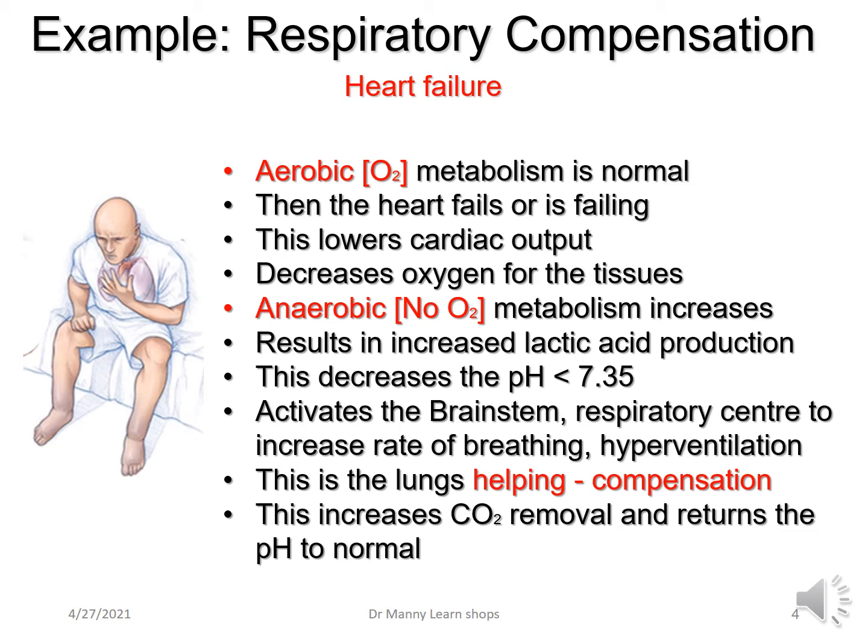So therefore the body comes in to try and support the failing system, the heart, with anaerobic metabolism, which utilizes no oxygen, and it increases. But as a consequence of that, anaerobic metabolism produces much more lactic acid.